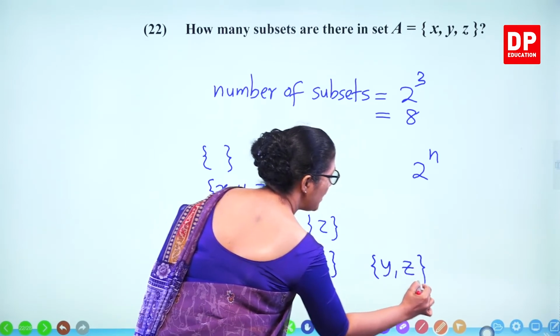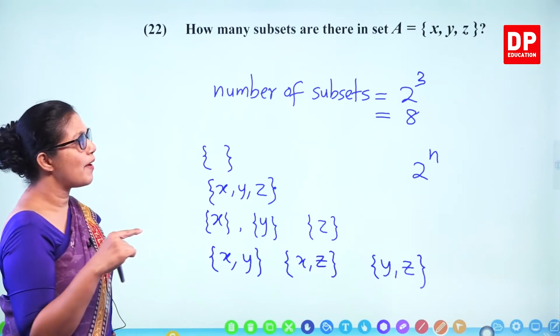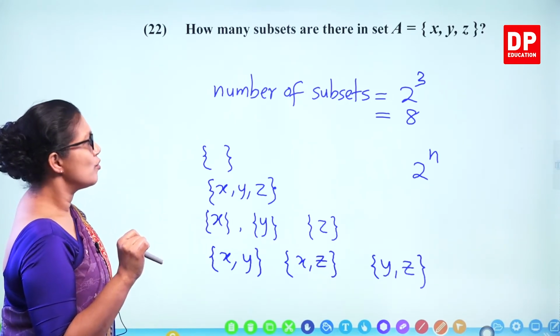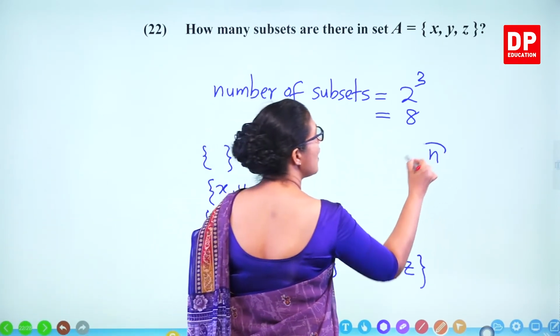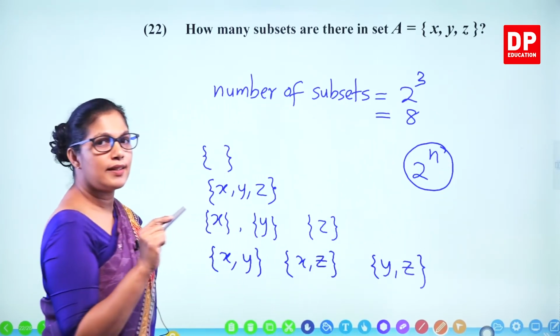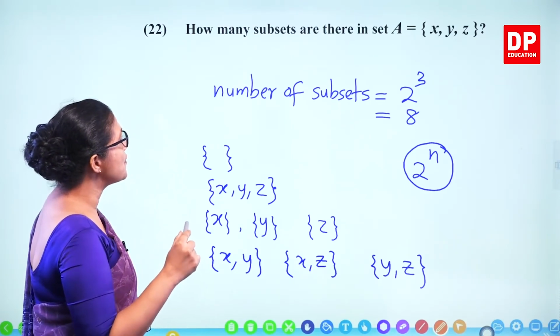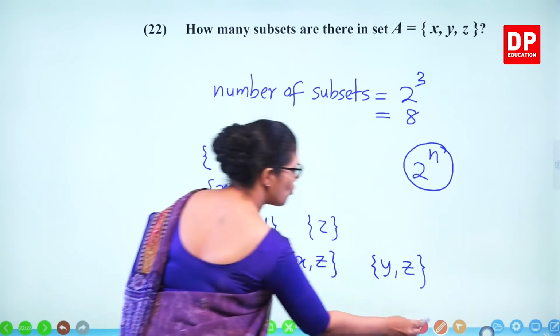Now altogether how many? 1, 2, 3, 4, 5, 6, 7, 8. 2 to the power 3, that's 8. So straight away you can use this formula: if there are n elements, you get 2 to the power n as the number of subsets in a set. So 2 marks for that.